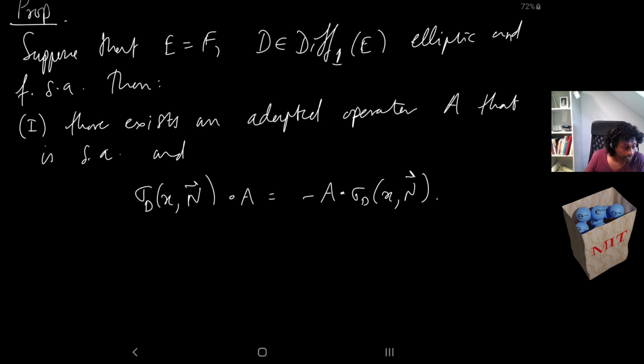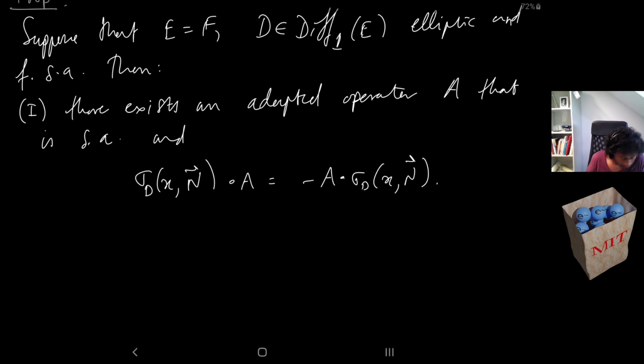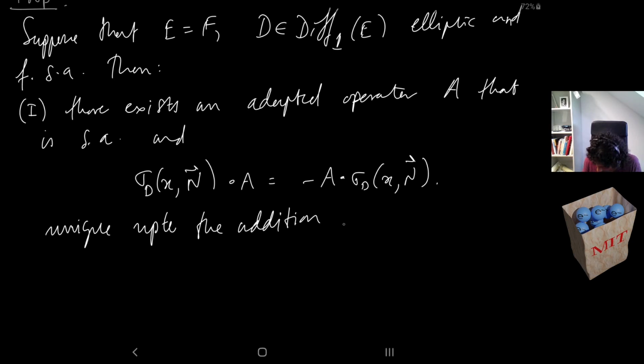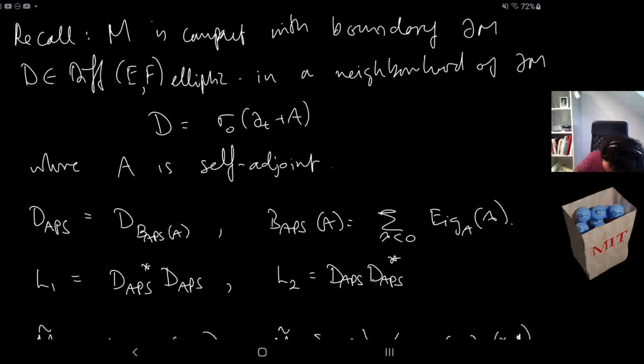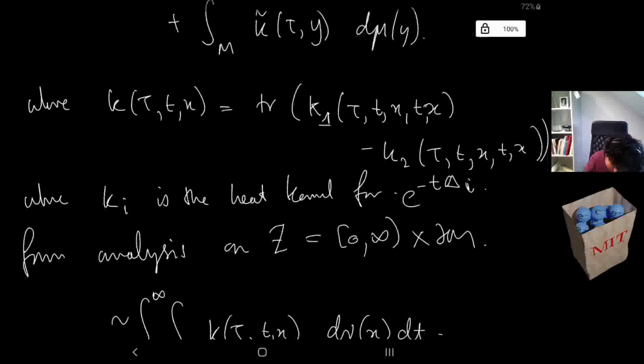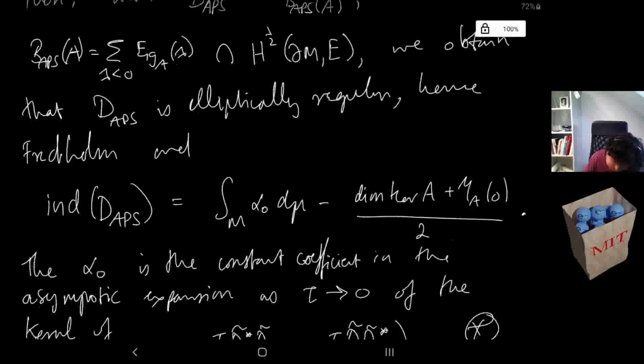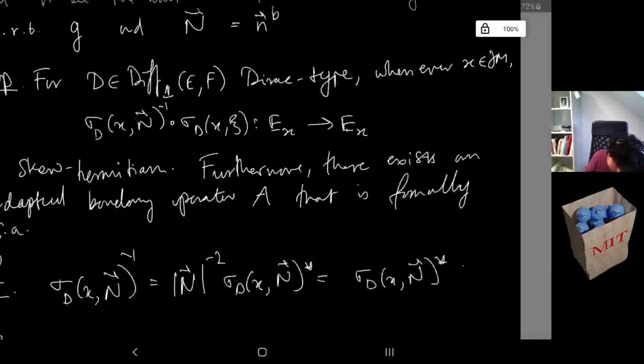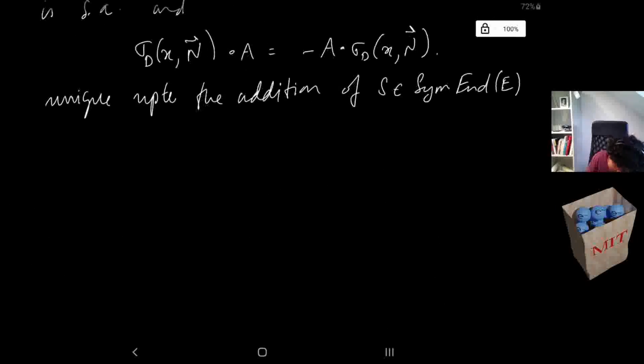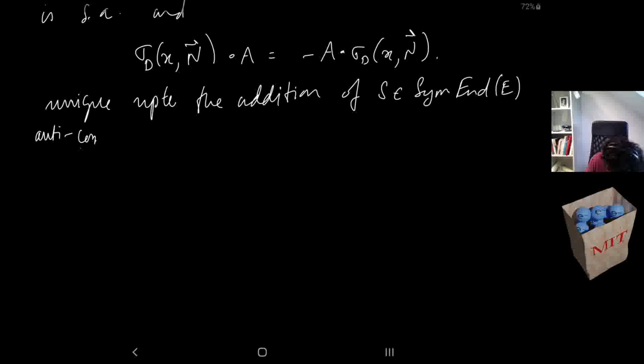It is unique up to the addition of a symmetric endomorphism on E, anti-commuting with the symbol.